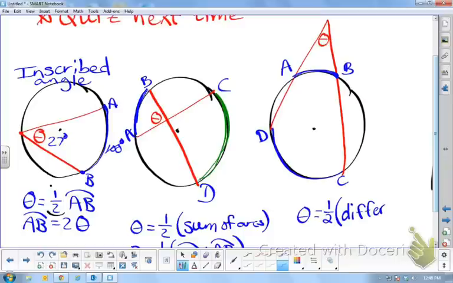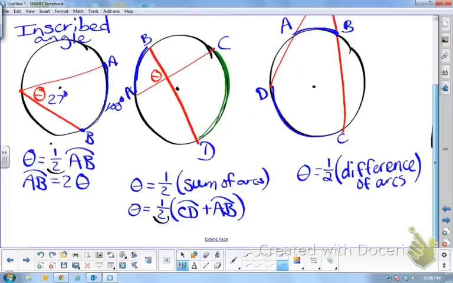Now mathematically, think about what difference means. Difference is subtraction mathematically. So when we're doing this, we must always do the bigger arc minus the smaller arc. So on our two arcs, arc CD is definitely larger in size than AB. So arc CD minus arc AB.